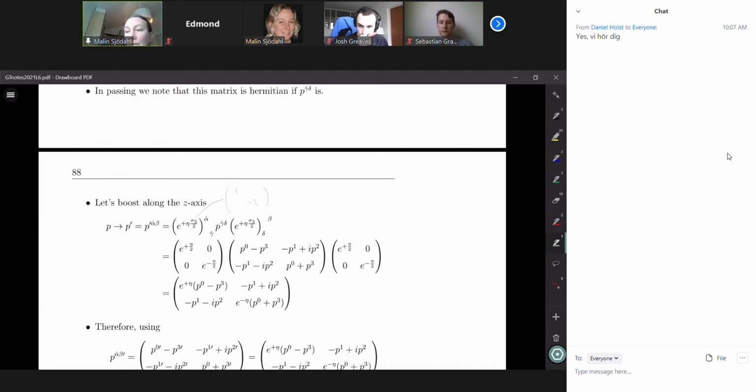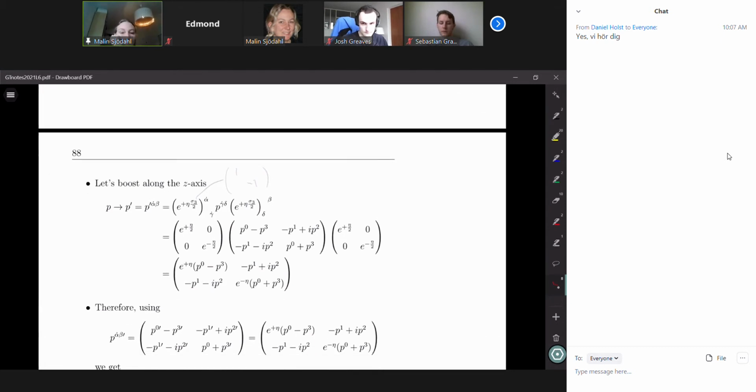So for my first element I have e to the eta over 2 here, and for my second element I have e to the minus eta over 2. Here I have my momentum p written out, and here I have again the same matrix as over here, because it's a plus sign in both places.